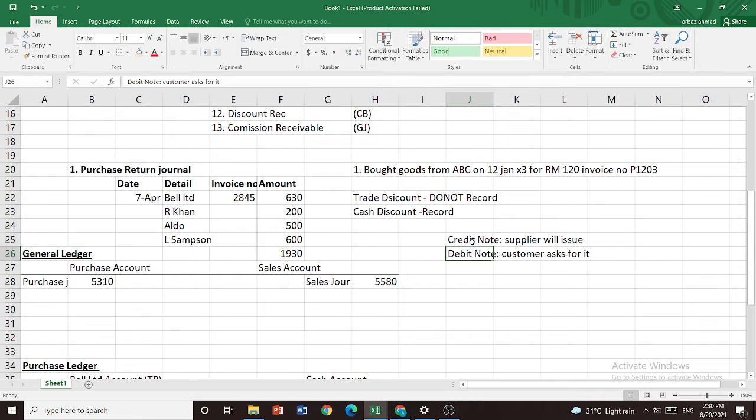A debit note is something like, if you want to return something, you have to fill in one form. If you have bought something from Lazada or Shopee, usually they will ask you to fill in the reason, and then the amount they will be returning, and then they will notify you and proceed with it, right? So as a customer, you ask for a debit note, you give them the debit note, and they issue the credit note.